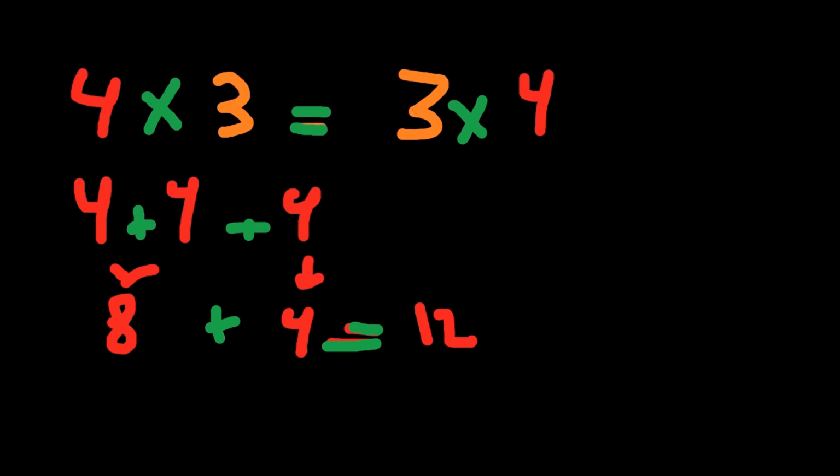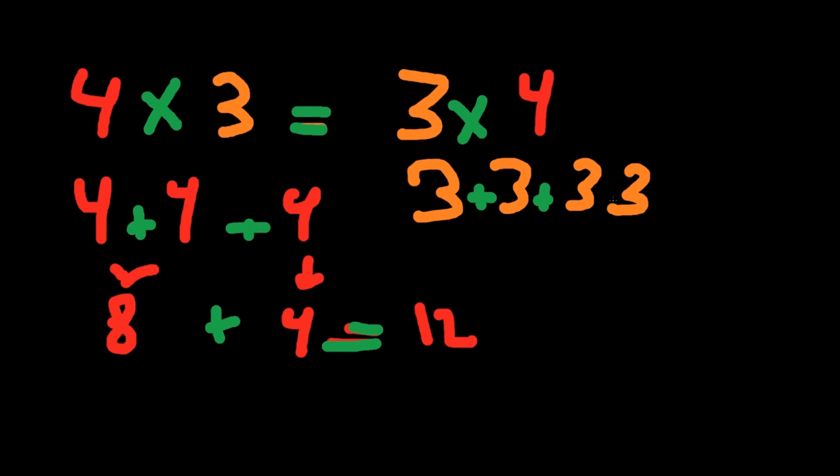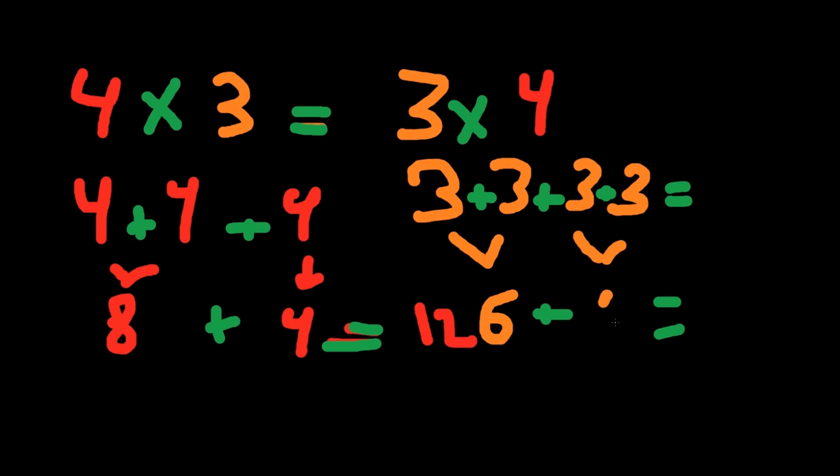Let's just go 3 and 3, 3, and finally one more 3, with the equal sign and plus signs. If we do this using the orange, we're gonna have 6 plus 6, and 6 plus 6 is also 12.